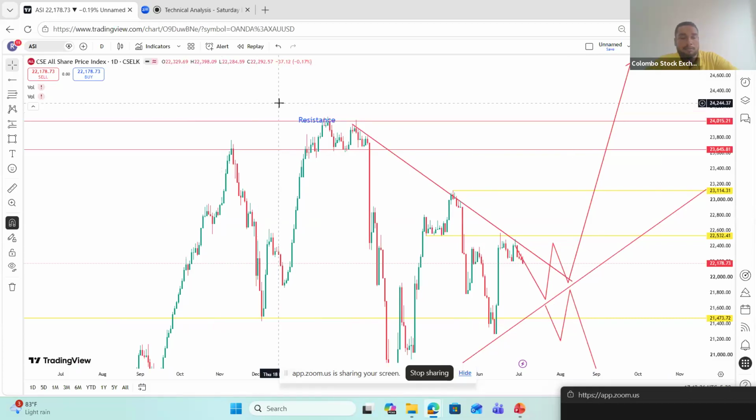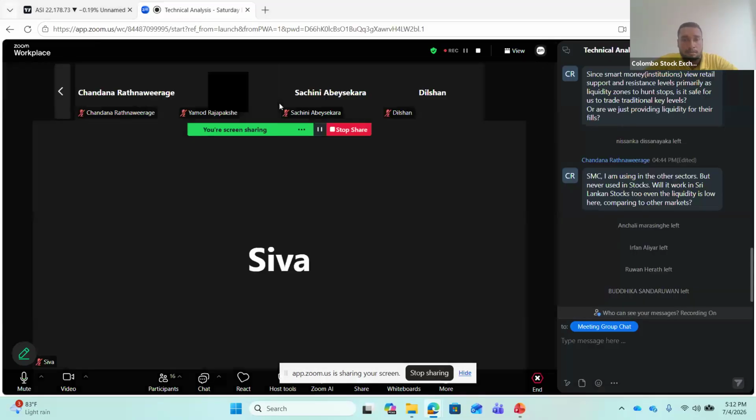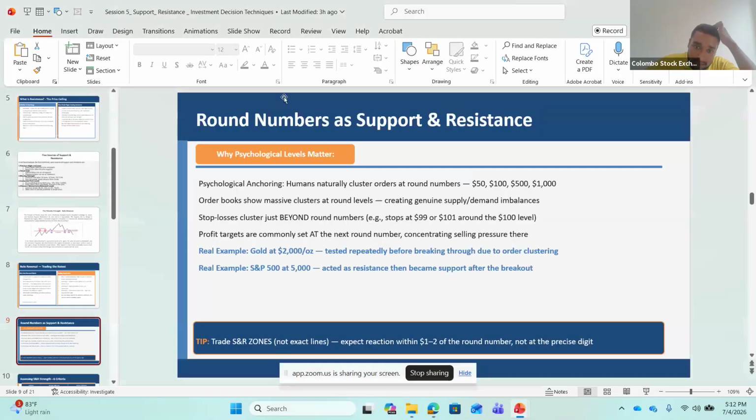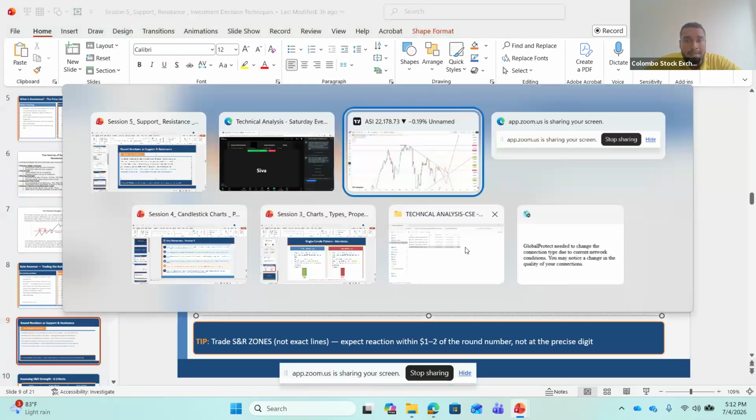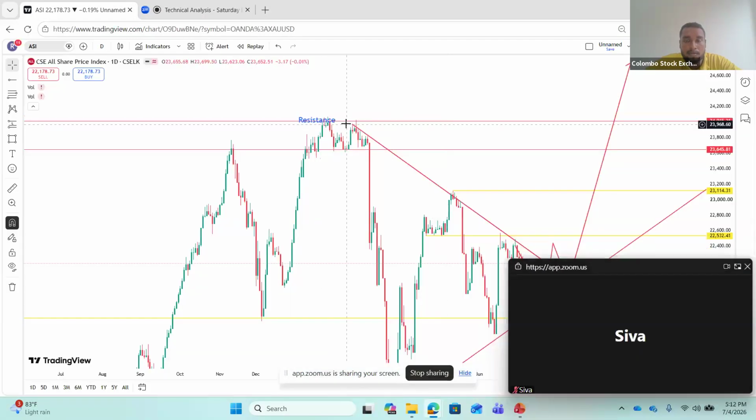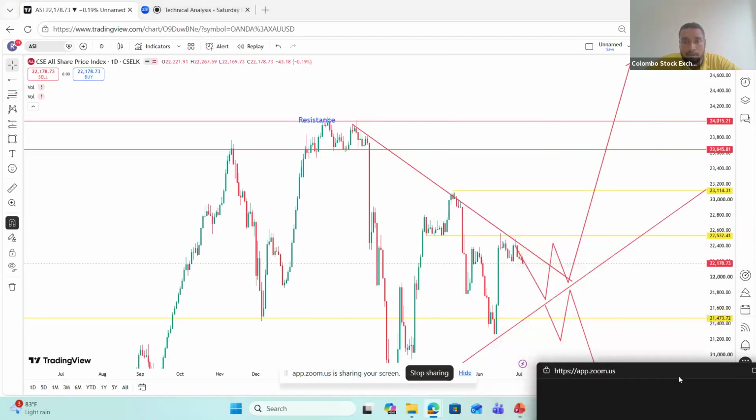Those are round numbers, and those can also act as support. Yeah, humans naturally prefer to trade around those round numbers. And you can also see some repeated price action from these round numbers or psychological levels.